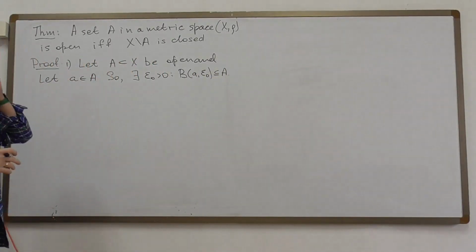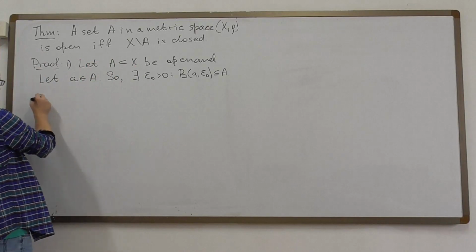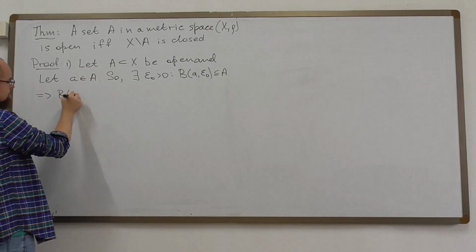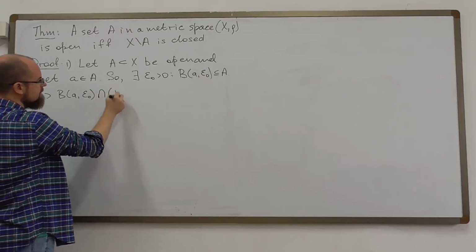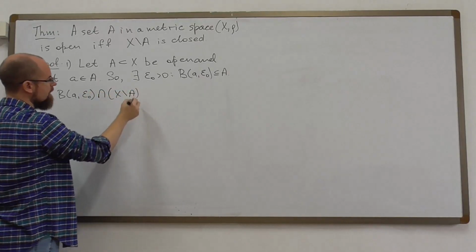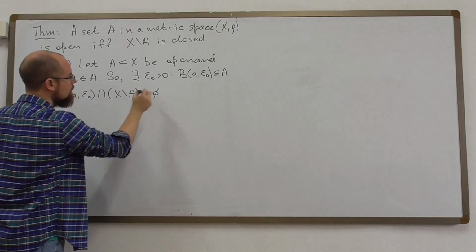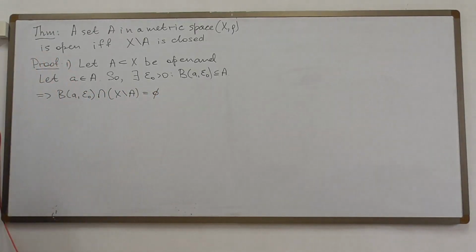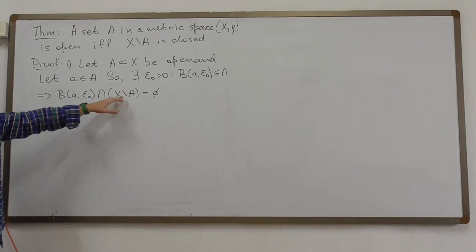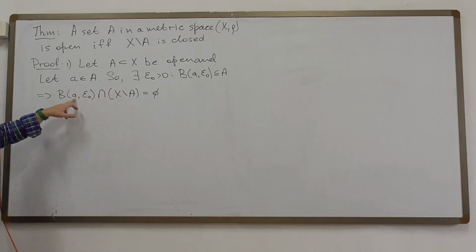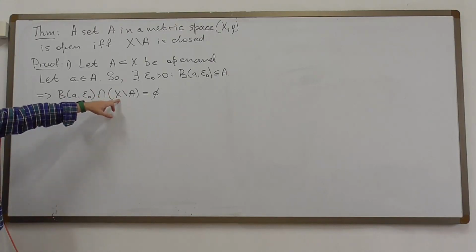But this means that this ball, if we intersect it with the complement of A, then the intersection will be empty. So we have found a ball which does not intersect this set. This means that the point a is not a contact point of this set.